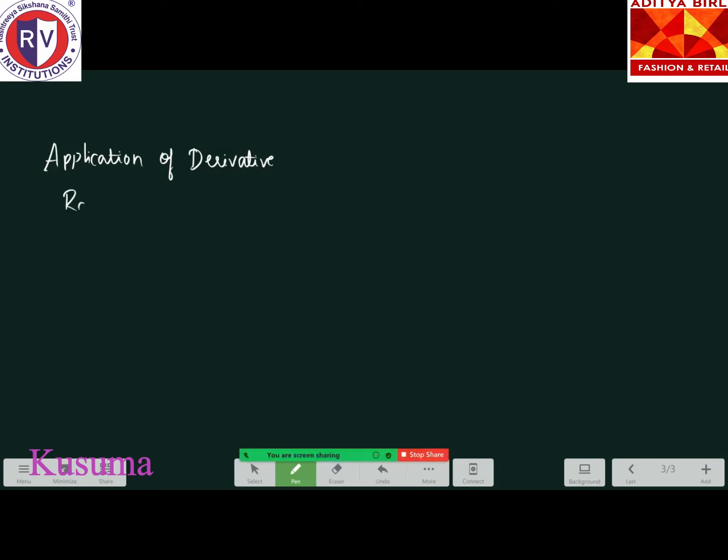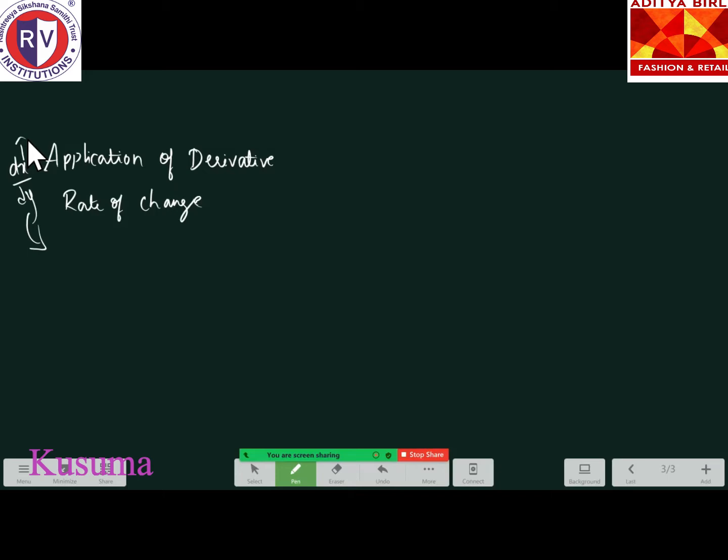So derivative is the rate of change of one quantity with respect to the other. We write it as dx by dy or dy by dx, that is, with respect to y, how x is changing.